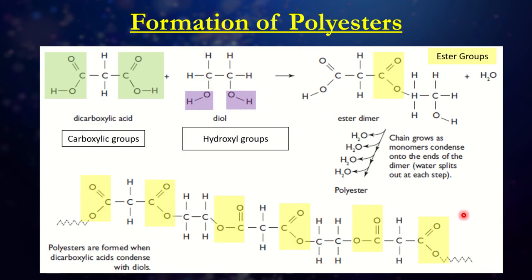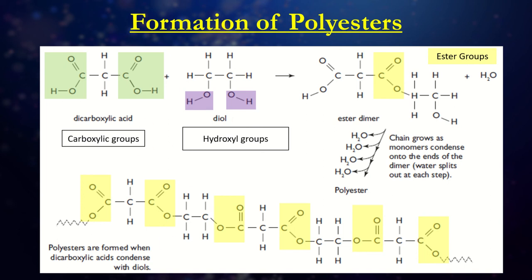Let's look at the formation of polyesters. This diagram here shows you one formation. If we're dealing with a dicarboxylic acid, so a carboxylic acid that has two carboxylic functional groups, and a diol, a molecule that has two hydroxyl functional groups, you can see on both ends. The beauty of having something like this is it can form bonds on both sides.